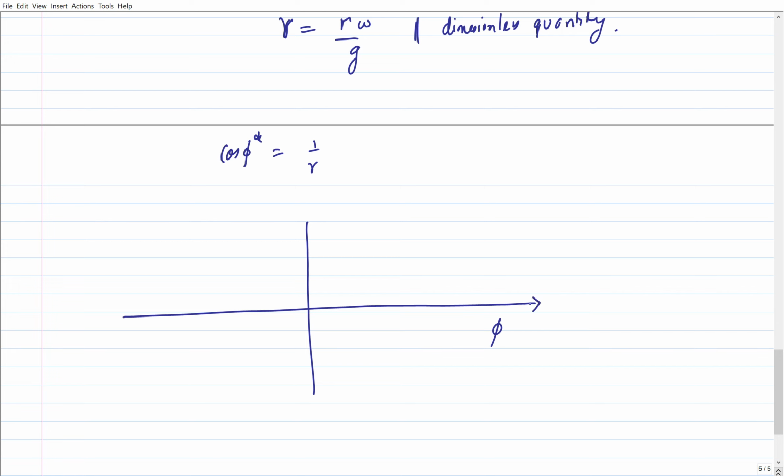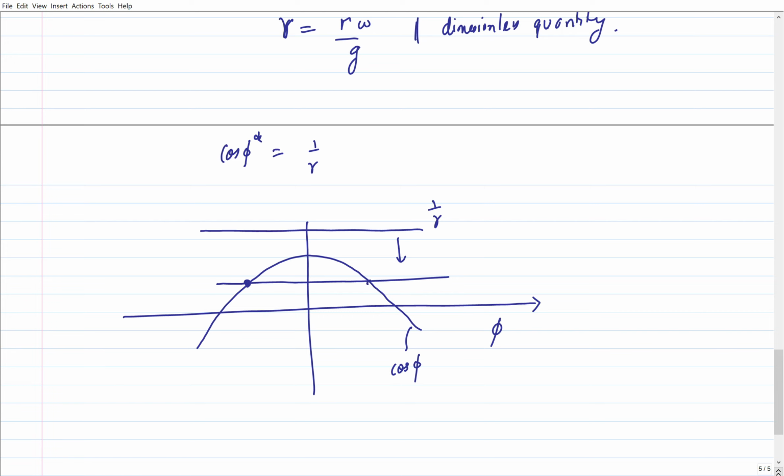I have phi, and here is my curve cosine phi, and I have this line, let's say 1 over gamma, and as this line slides down, it intersects at 2 points. So over here 1 over gamma was greater than 1. Over here 1 over gamma equals 1, and then 1 over gamma becomes less than 1, and I get 2 fixed points.